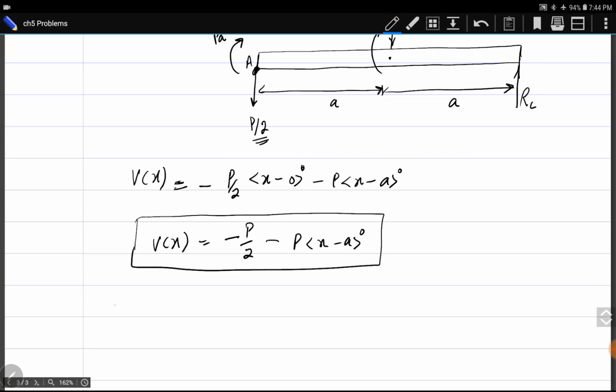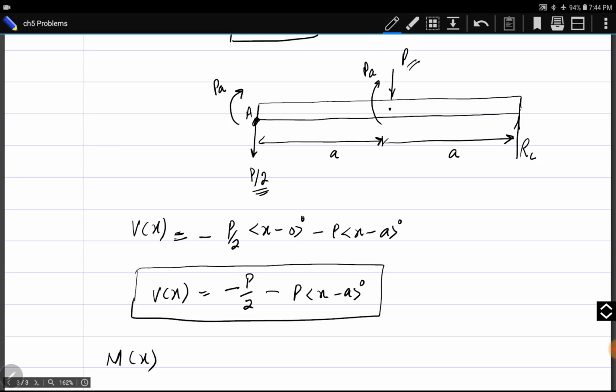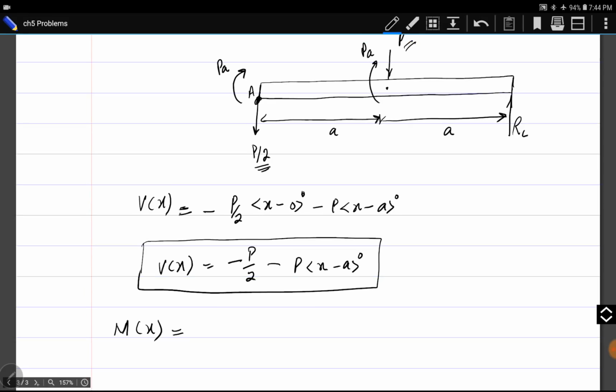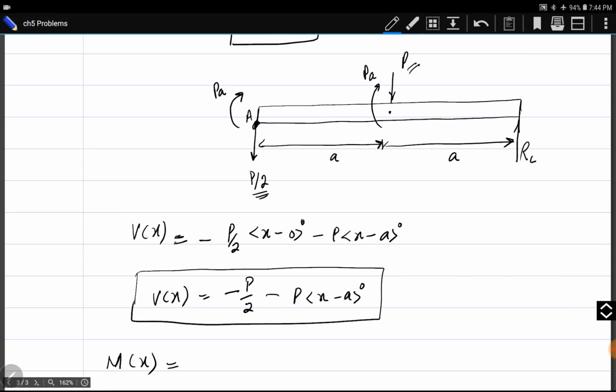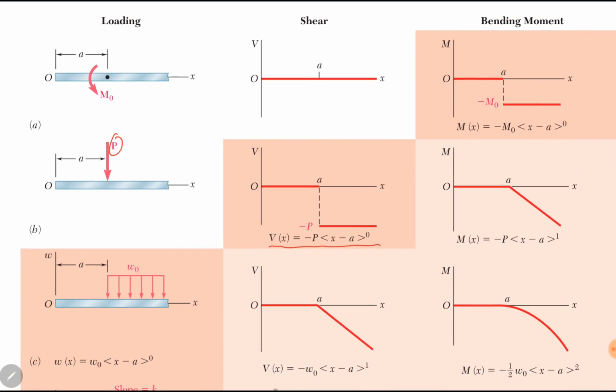For bending moment, I will write singularity functions. One method is to write initial condition here M naught, which is equal to PA. But some of the students have confusion in this method, so I will not write here any initial condition. I will write a singularity function for this moment. This moment PA, we will go here, singularity function for a concentrated moment.